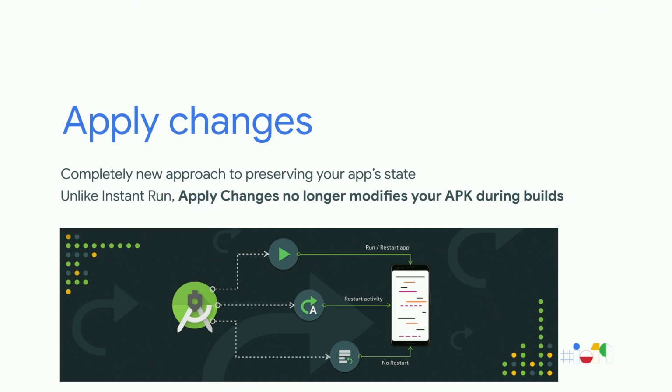Because it depends on this new runtime instrumentation, it's only available for devices running Android 8 and above. It works best when you're making really small changes inside a class or making small edits to our resources. But as you may have heard from Tor earlier today, this project also brought a lot of improvement for every build.